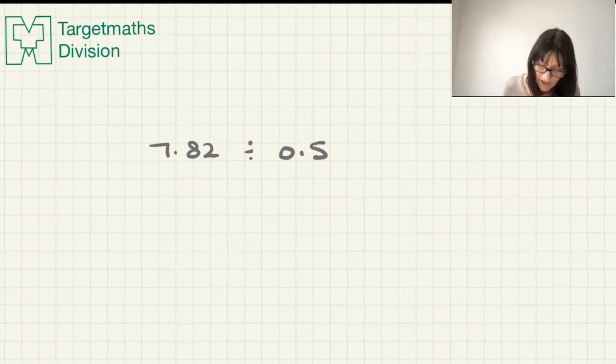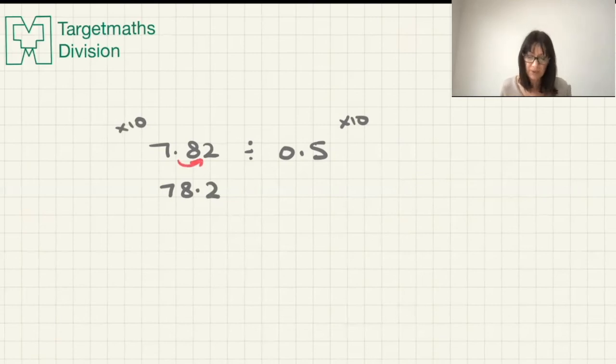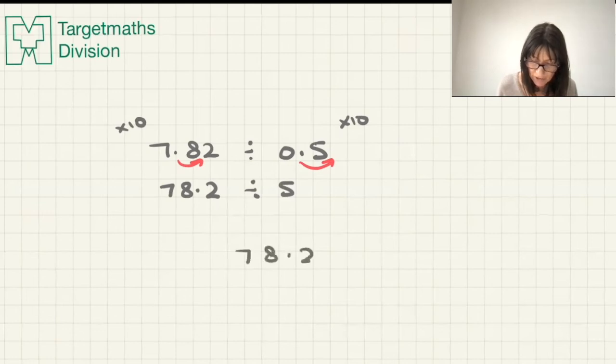So I am going to times everything by 10, which is going to shift this decimal point 1 place in this direction to make the number bigger, okay? And then obviously it's also going to shift that completely out, which is the whole point of doing it. And we've got that. So now we're going to do 78.2.